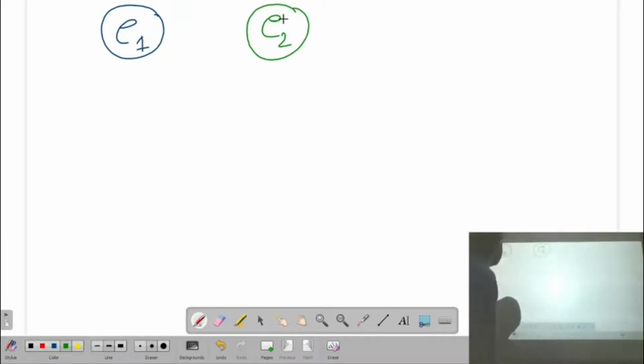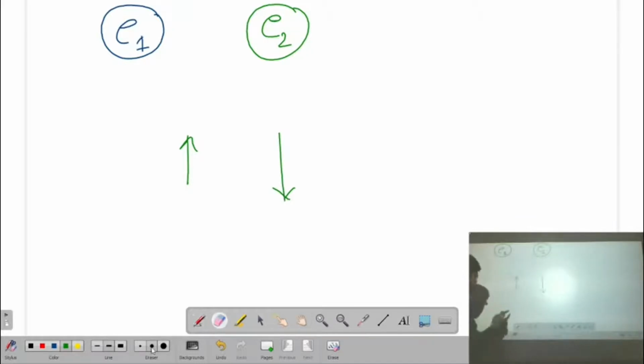Now suppose the electron can have either up spin or down spin. Up spin will be in this direction, down spin will be in this direction, right? That is plus 1 by 2, minus 1 by 2. This is plus spin and minus spin, plus half, minus half.